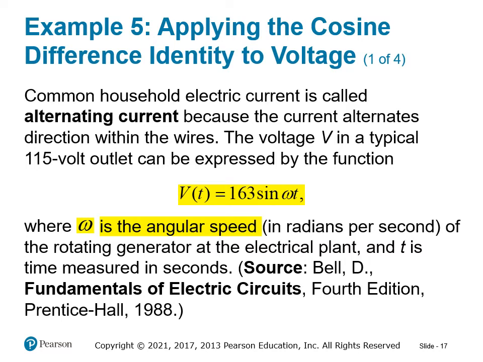The voltage V in a typical 115 volt outlet can be expressed by the function V of t equals 163 sine omega t, where omega is the angular speed. We saw this letter before, in this concept of angular speed in radians per second of the rotating generator at the electrical plant, and t is measured in seconds.